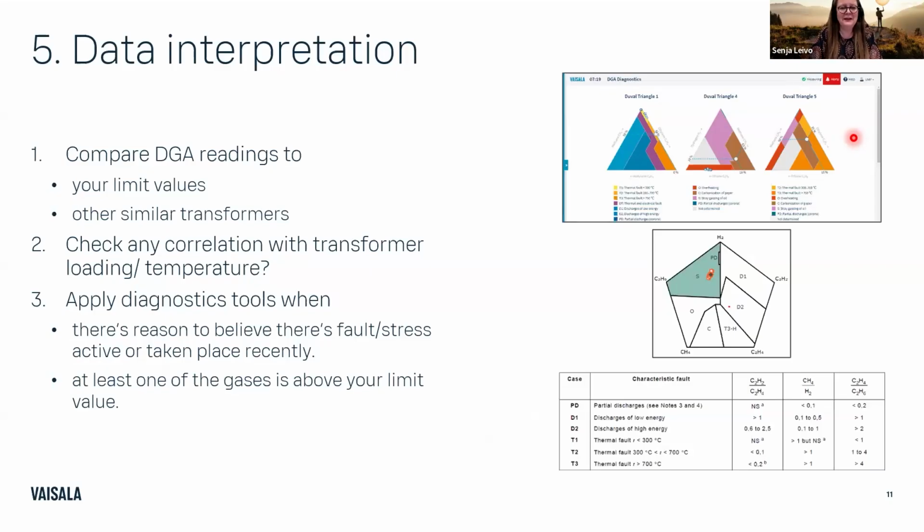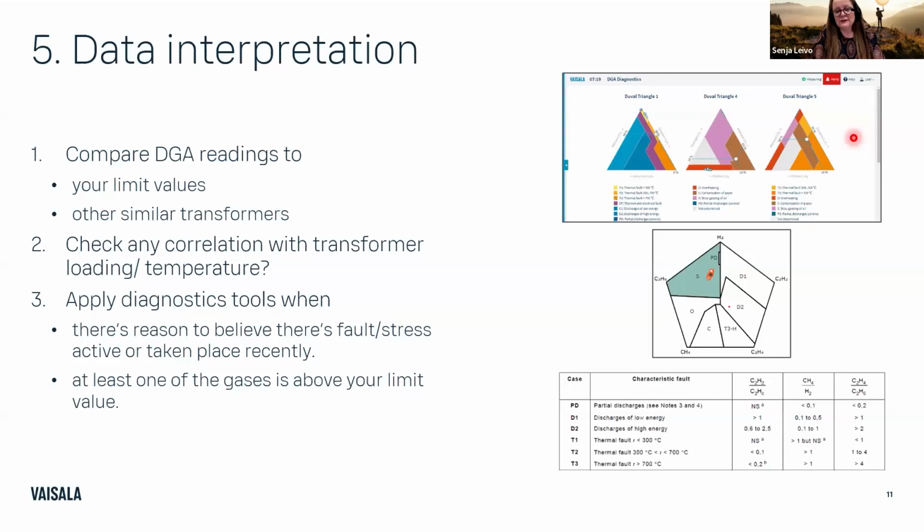He's done a really great job of making large databases into diagnostic tools. And I guess Duval triangles is one of the most accurate, having the best hit rate when it comes to the result of the DGA diagnostics versus the actually found fault.